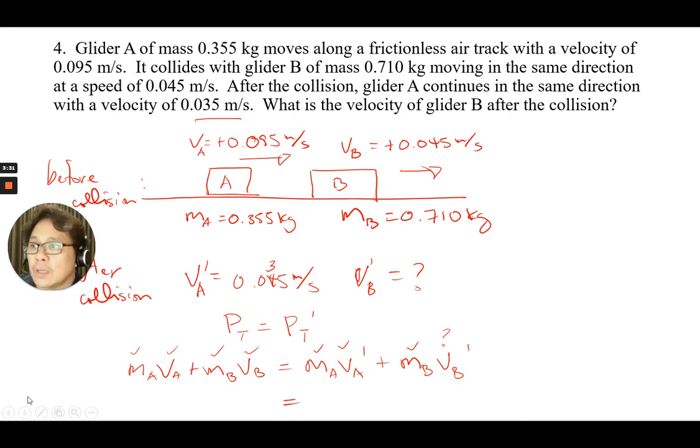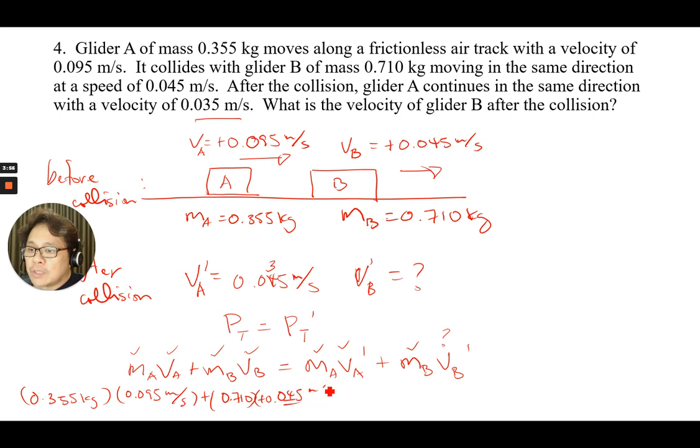Let's write them down. So your MA is 0.355 kilograms. Your VA is 0.095 meters per second, plus MB. MB is 0.710 kilograms, and then VB is positive 0.045 meters per second.